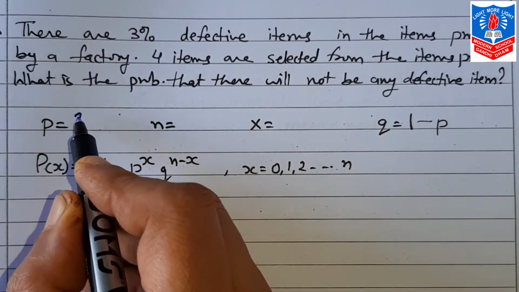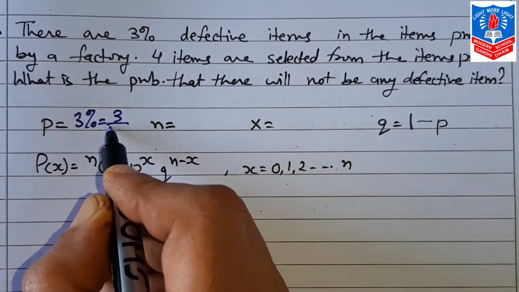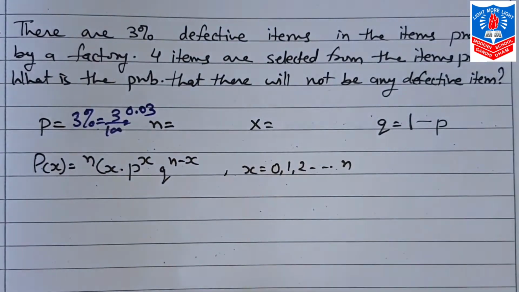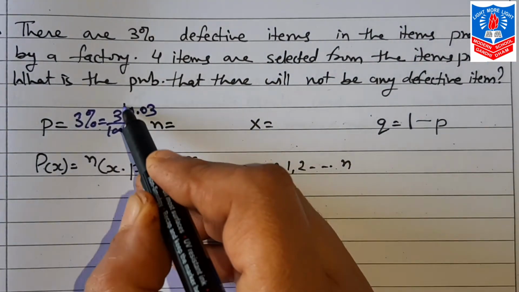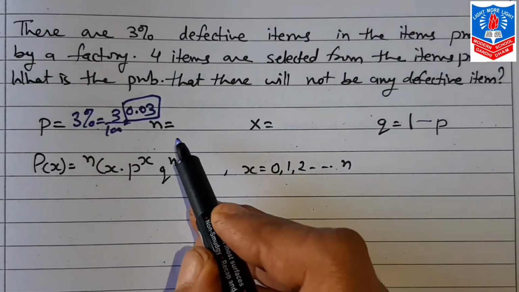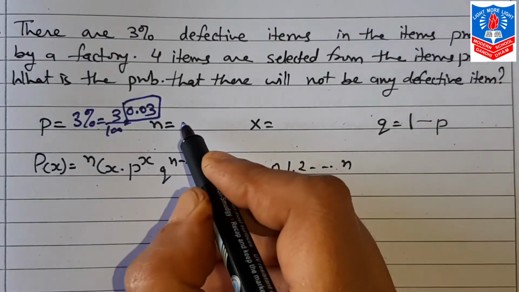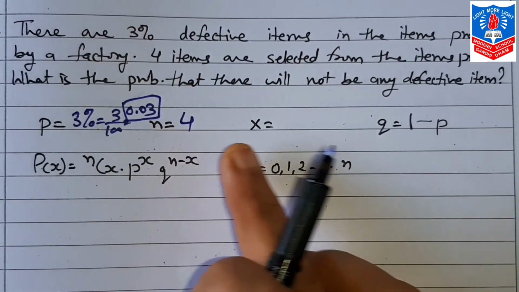Now if we want to remove the percentage sign, then this will be 3 by 100, which will be 0.03. So value of P will be 0.03. N, that is 4 items are selected from the items produced. So N will be 4.